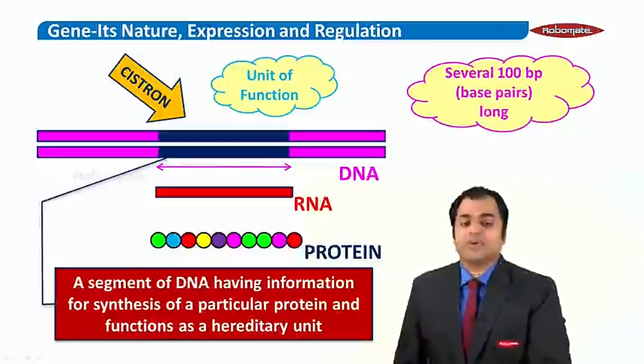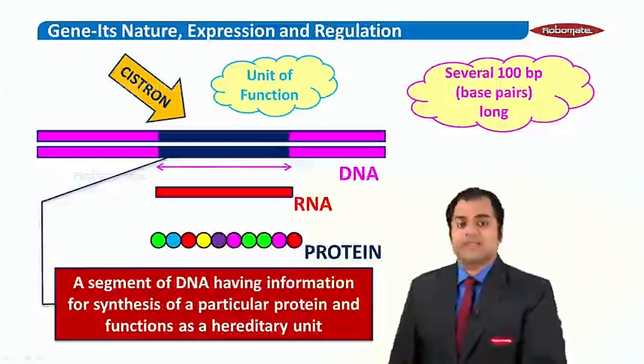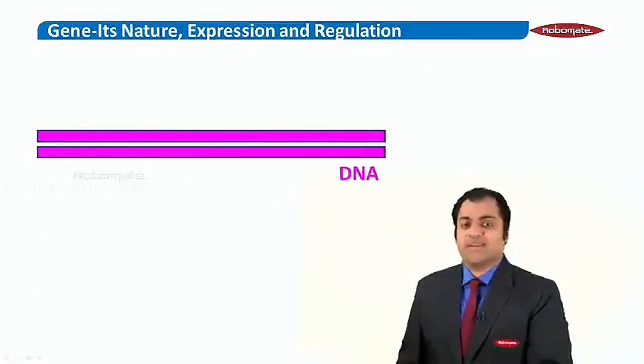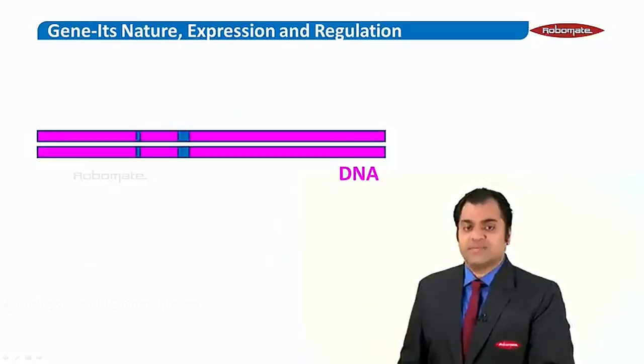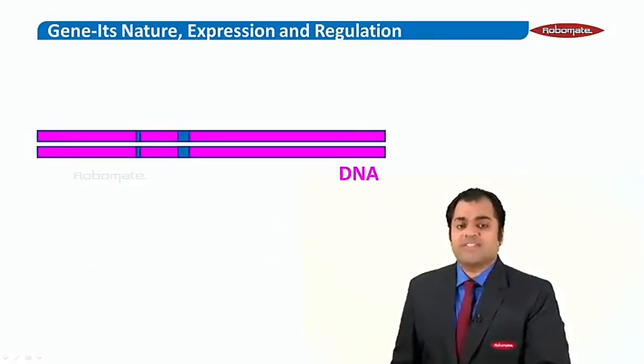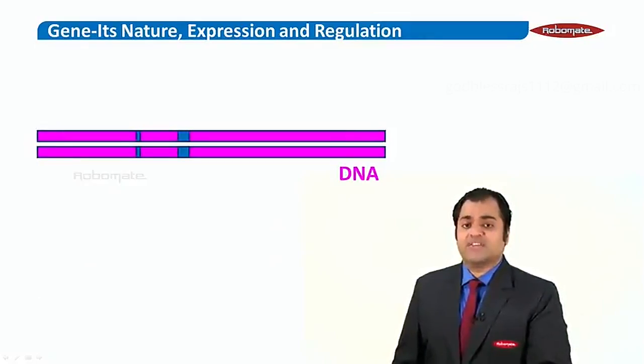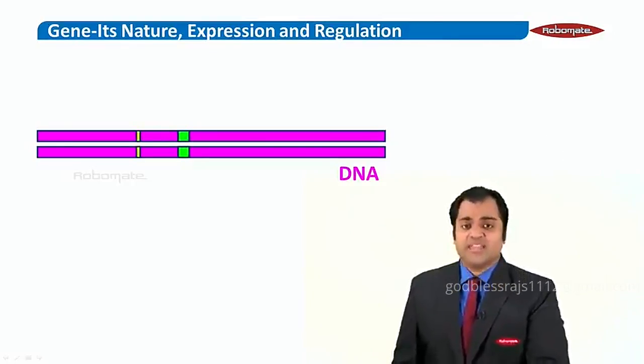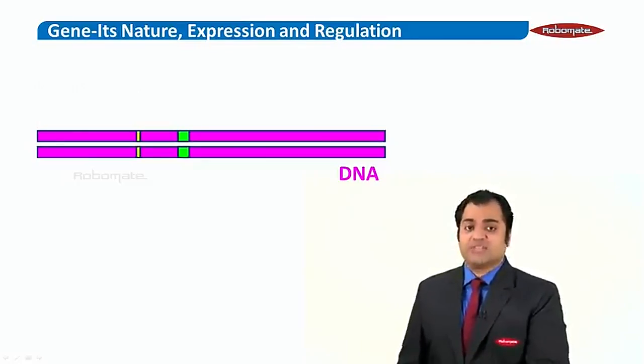Now let's look at the next term that Seymour Benzer introduced. Once again, what you see here is DNA, and here are two sets of genes. Now see what is happening. In the first set, the color is changing to yellow, in the next it is changing to green. Now remember, this change in the DNA is called mutation.